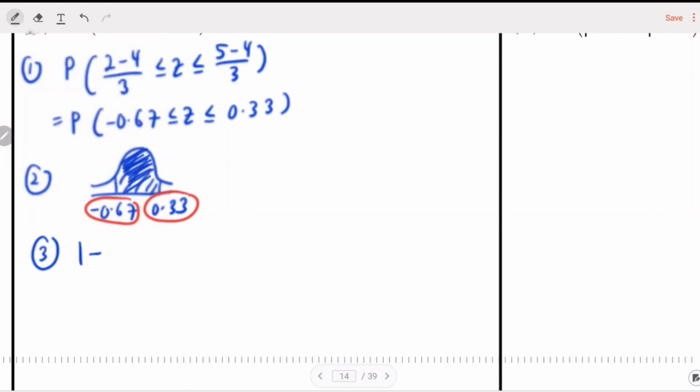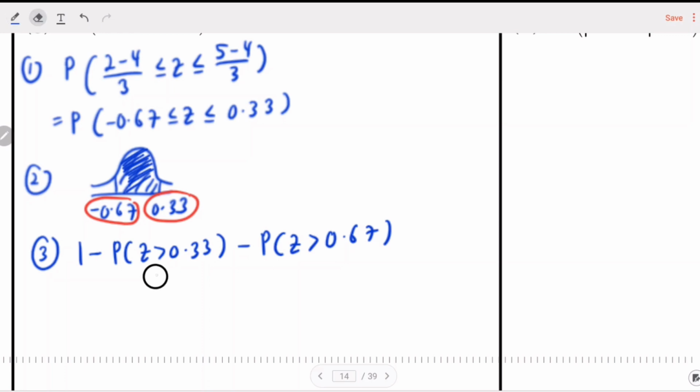So it should be minus the probability Z greater than 0.33 and also minus the probability Z greater than 0.67. Don't forget, at the third step, it's always Z greater than or Z greater than equal. I'm going to put equal here since the question has an equal sign.